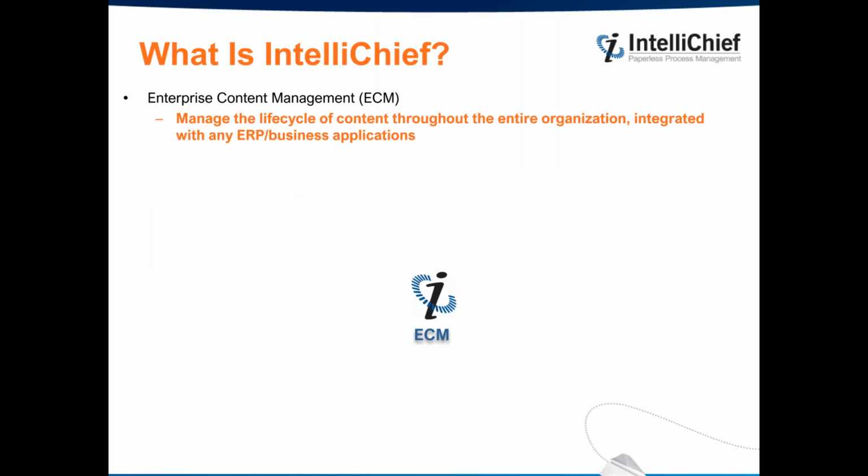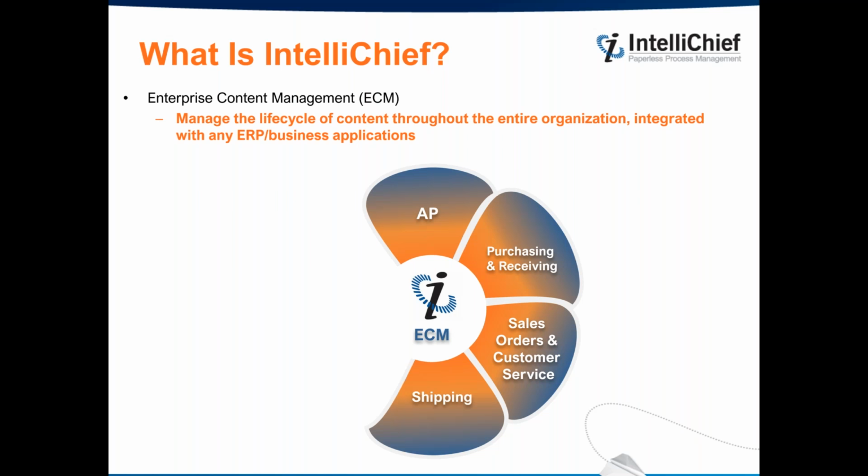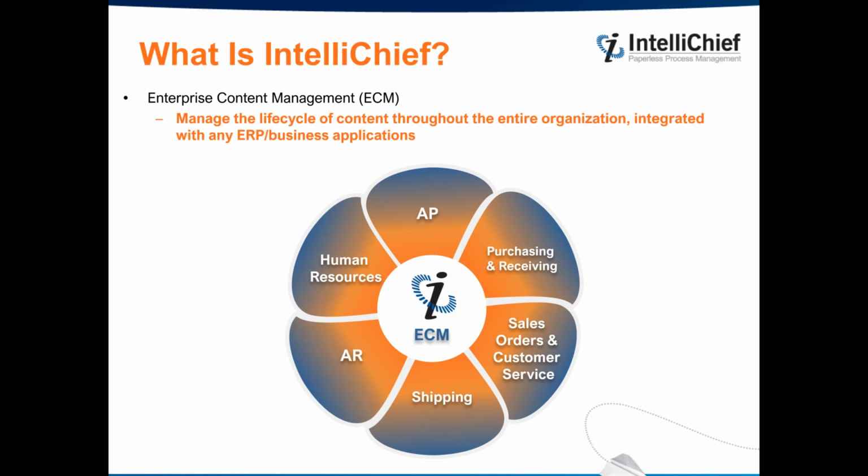So what are we? Well, we're a content management system. That's what IntelliChief is as a product. And what does ECM really mean? I know we're going to be focused today a lot on the accounts payable side, but an ECM system really allows you to manage content anywhere in the organization. Our claim to fame, if you will, is that it integrates to a core line of business application like Oracle EBS.